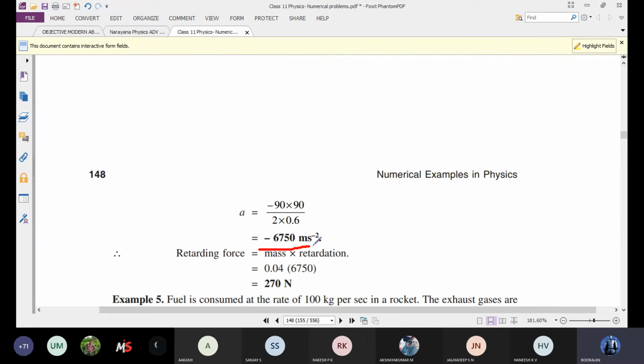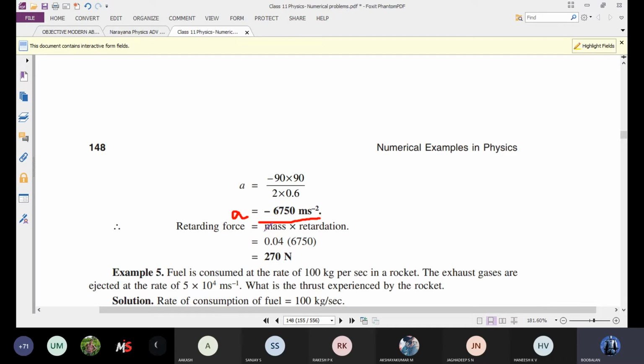With the negative, minus 90, no? So minus a. Force formula F equal to ma, mass into acceleration. It is a negative acceleration. So they are asking retarding force. Apply the value, 270 Newton.